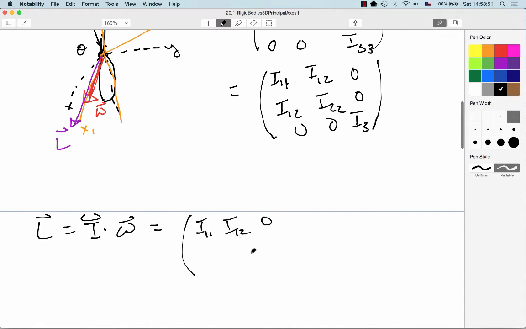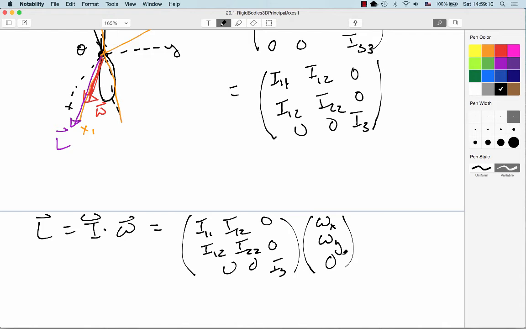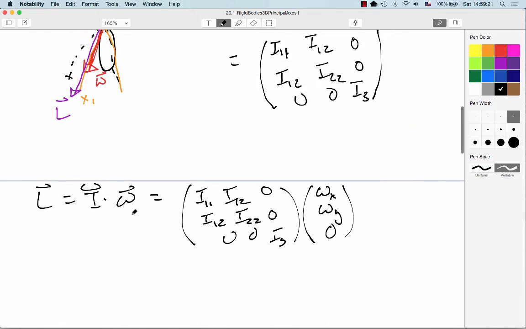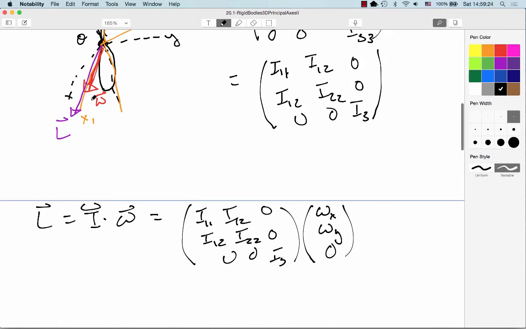I11, I12, 0, I12, I22, 0, 0, 0, I3 times the coordinates of my omega, but there's no omega 3 component, or omega z. So omega x, omega y, and 0, like that. Now, like I said, this is true in general, but I'm choosing to point my omega along the x1 axis, which I don't know yet.